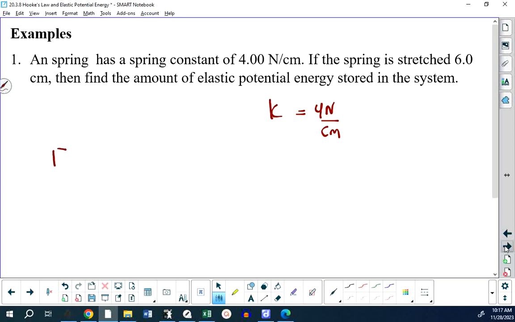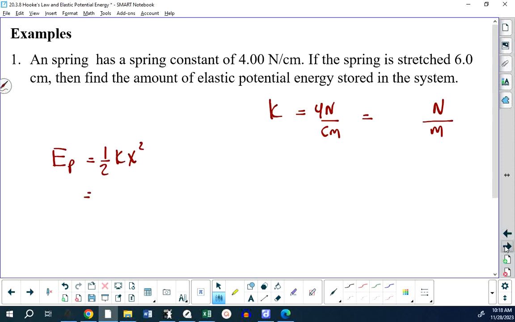Well, elastic potential energy is 1/2 kx squared, which is 1/2 times 4. Ooh, except we have to use standard units. So 4 newtons per centimeter, we want to convert this to newtons per meter.